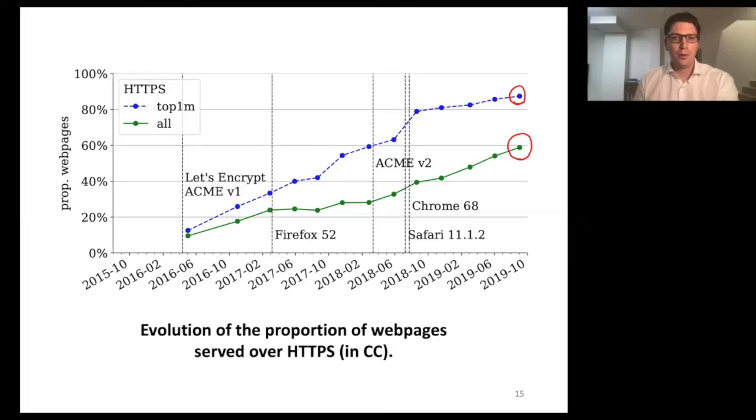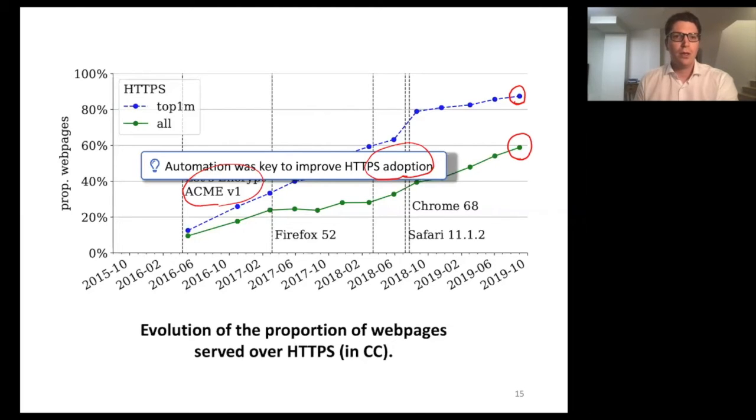And this is probably due a lot to Let's Encrypt, which provides free certificates. And it also helps at automating the renewal of the certificates with the ACME protocol. So the key takeaway here is that Let's Encrypt, the free certificates, and the automation really helped at adopting HTTPS.